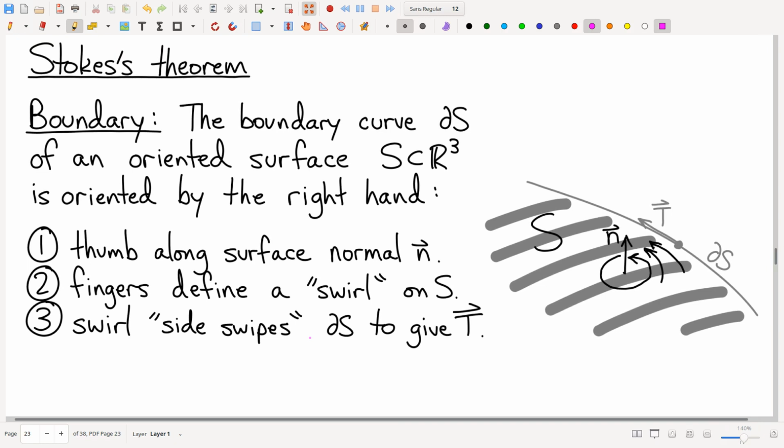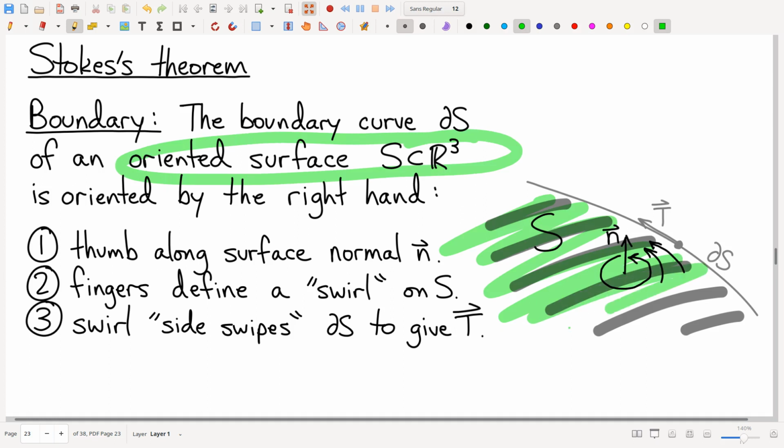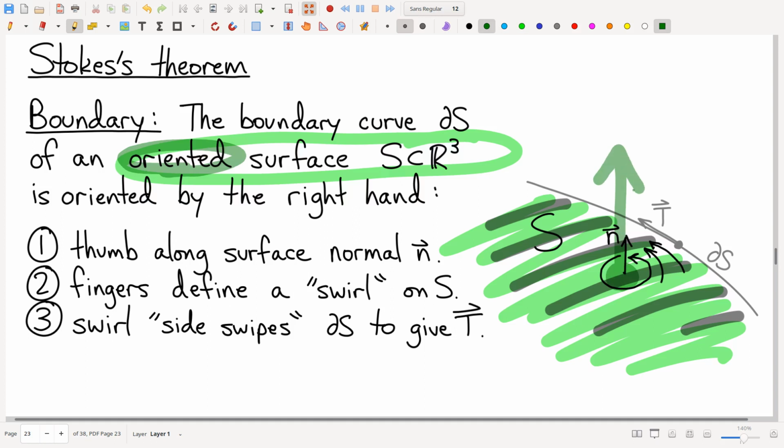The arbitrary convention is that if you have a surface, and that is specifically an oriented surface, keep in mind that an orientation on a surface tells you which direction is the chosen direction through the surface, perpendicular to the surface.